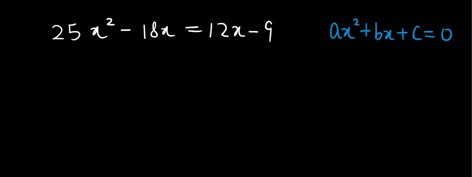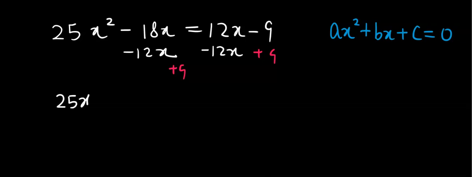This is standard form. For this reason, I'm going to subtract 12x from each side, and I'm going to add 9 to each side. Then, let's see what we have: 25x squared minus 30x plus 9 equals 0.